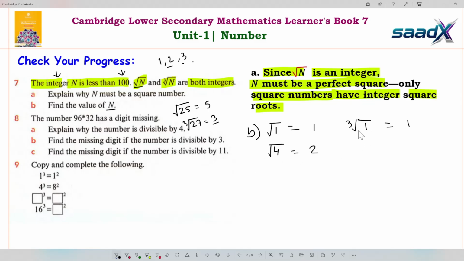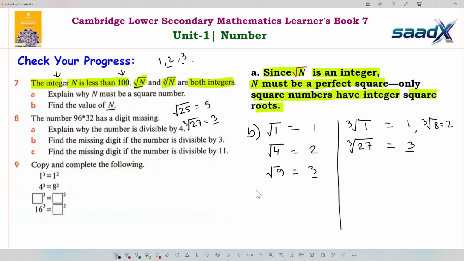And for cubic roots, like 27, the cubic root is 3, and the cubic root of 8 is 2. So 1, 2, 3. Here 3 will be 9. Root 9 means root n equals 3, 3 is an integer. Cubic root of 27, 3 is an integer.